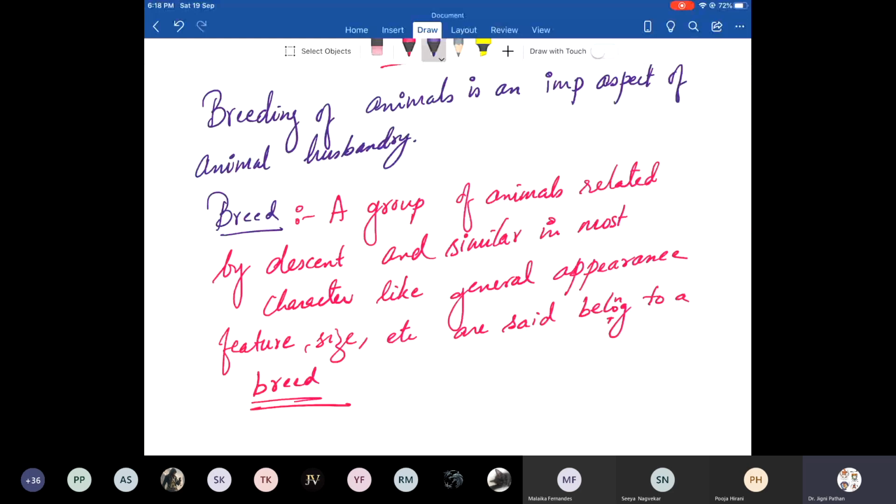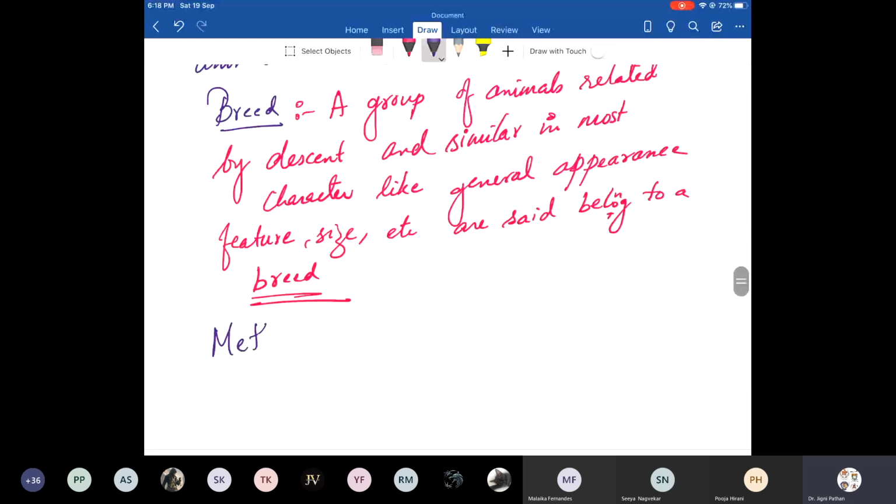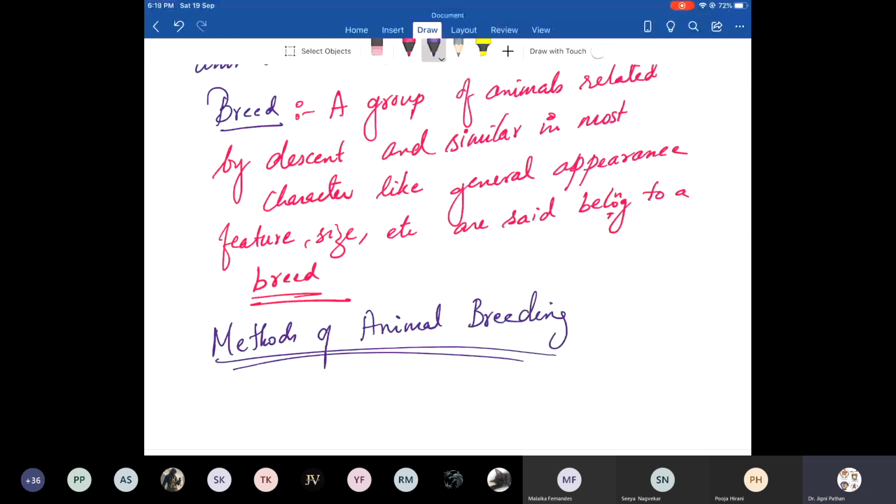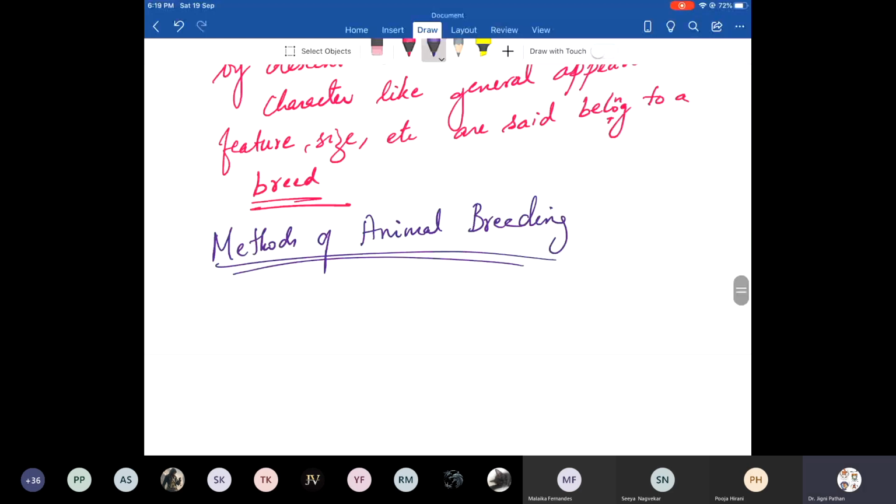Methods of animal breeding. Very important. There are two methods of animal breeding. How many? Two methods. One is inbreeding.